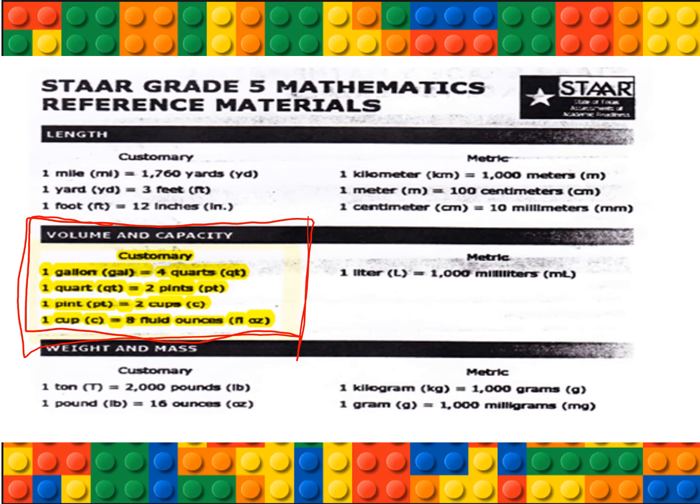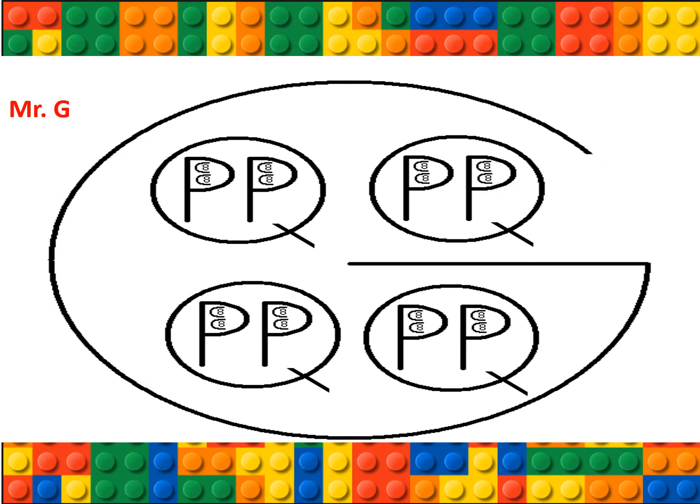All right, so last year in 4th grade, I'm certain that most of you, if not all of you, were exposed to the big G. Now what this big G means is gallon, that largest unit, the big gallon. Inside that gallon, we have 4 quarts. 1, 2, 3, 4.